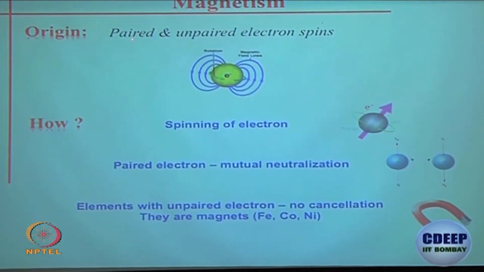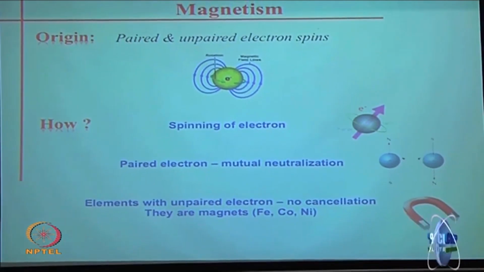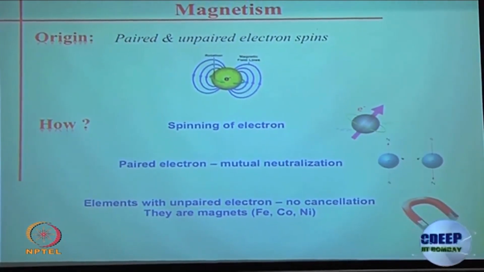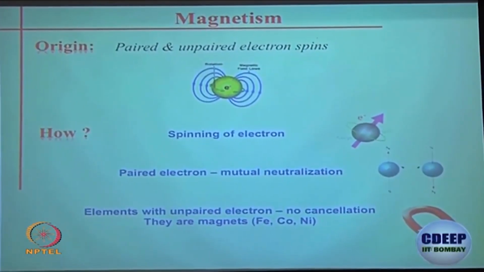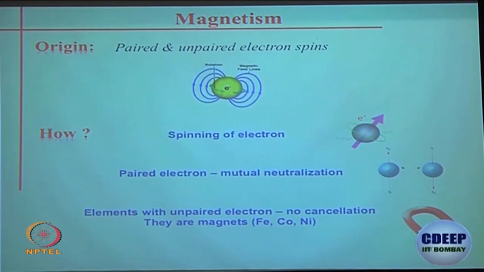I was discussing a moment ago, paired and unpaired electrons. Unpaired electrons are the ones which will give this magnetic behavior, because paired electrons will cancel out each other. Spinning of electron, as you can see, and this is the pairing of electron. Unpaired electrons will give you the magnetic behavior. Paired electrons will cancel each other out.